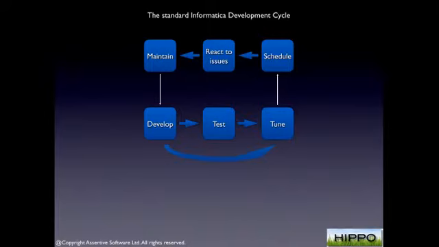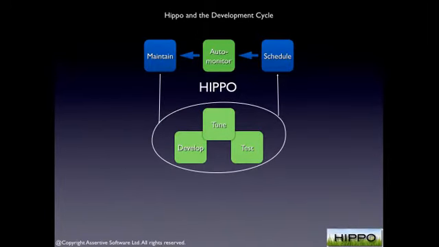What we claim with HIPPO is that we do nothing more than completely change the way that the development lifecycle works. So instead of development, testing and tuning being discrete steps performed by one or more people, we bring development, tuning and testing together.